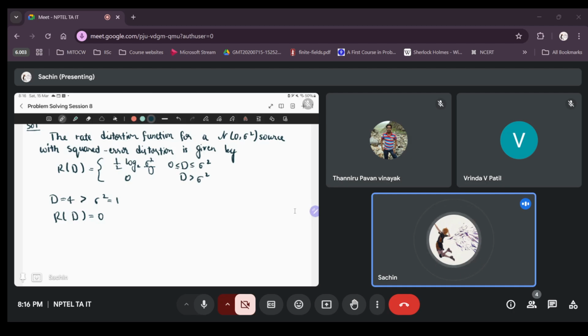So R of d is 0 just means that the rate is 0, which means that you don't need to do any coding at all. If you're given a real number, you don't need to quantize it or do anything.